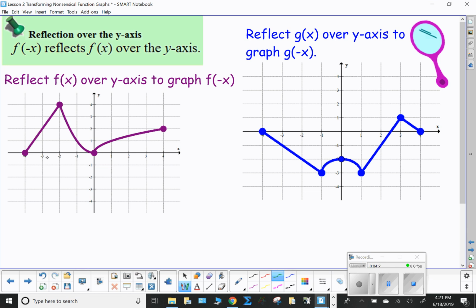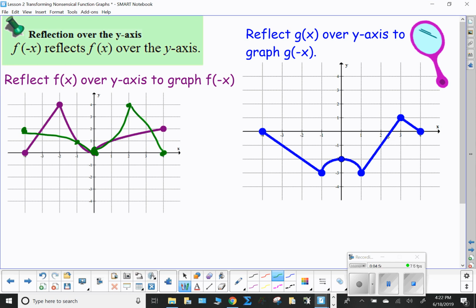So 4 to the left moves 4 to the right. 2 to the left moves 2 to the right. We're on the y-axis, so we stay there. 1 to the left, 1 to the right. 4 to the right, 4 to the left. Notice I didn't change the y values, I just changed the x values. So going to graph, and there we go. Flipped over the y-axis, reflections.